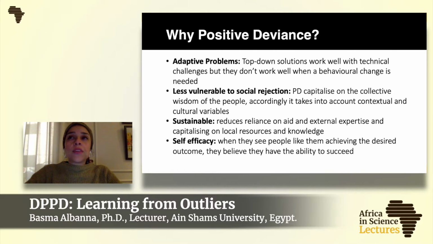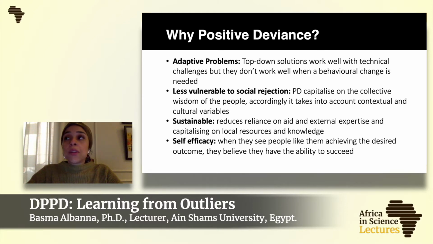What is so different about positive deviance? Why is it a really valuable development approach? So, when you're dealing with adaptive problems requiring behavioral change, usually technical solutions and top-down solutions are not effective and not sustainable.